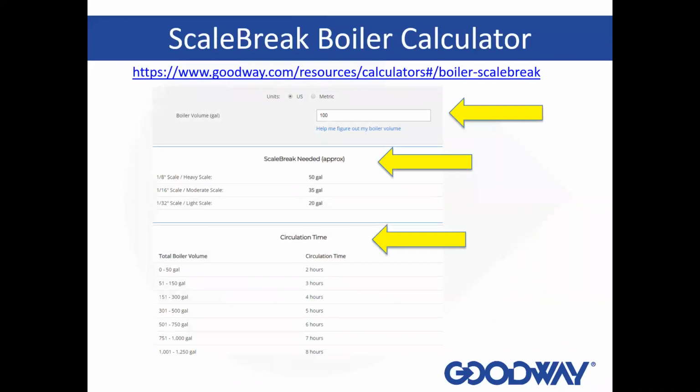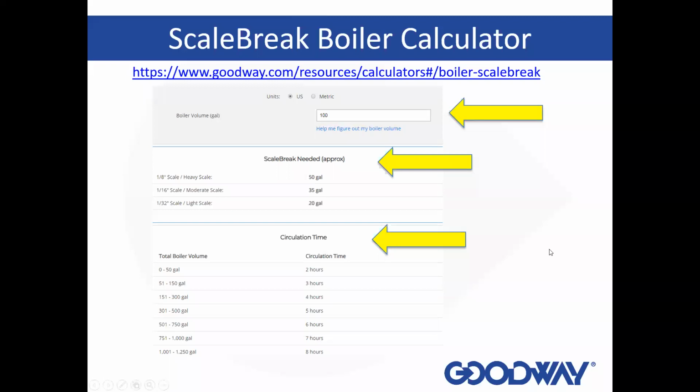Our next slide is, again, showing the boiler calculator, but this time it's one that would help you figure out how much descaling chemical you would need to use for a job. So here you're putting in the volume of gallons that are in it, and giving it an idea of how much scale buildup you anticipate, and it's going to tell you how much chemical you're going to need, as well as how long you have to circulate it for.